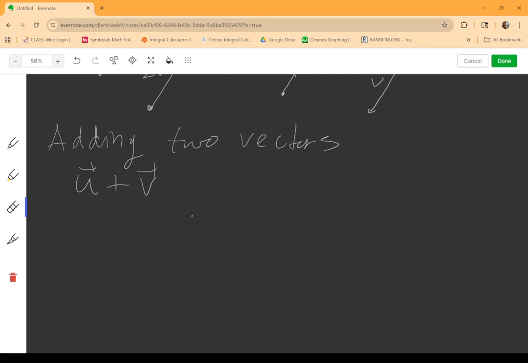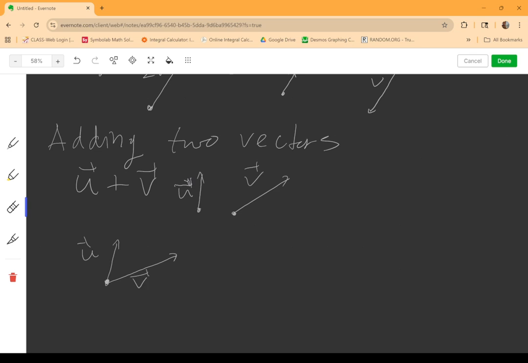So let's say this was u, and then v was over here. And we want to say, what is the resulting vector of adding u and v? So one thing we can do is place the initial point and then have the vectors go in their own directions, wherever u goes and wherever v goes.